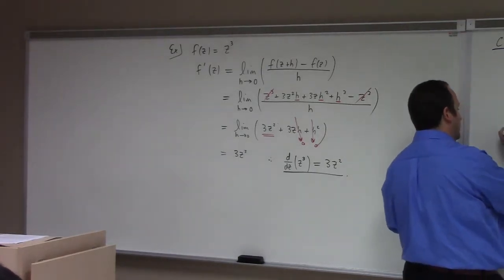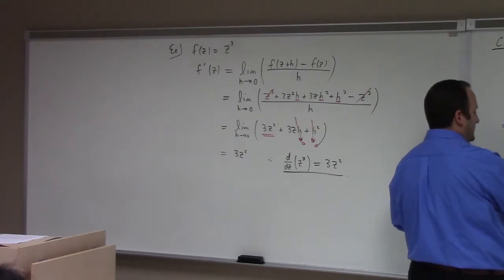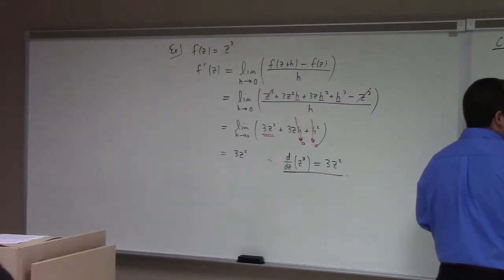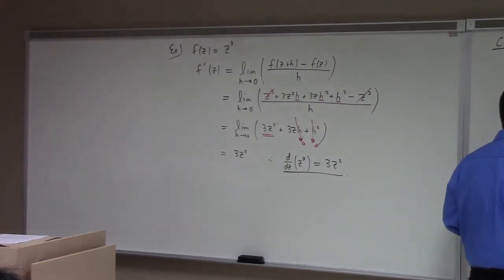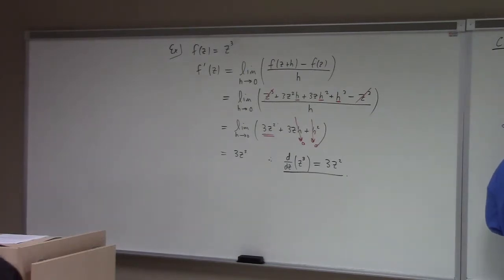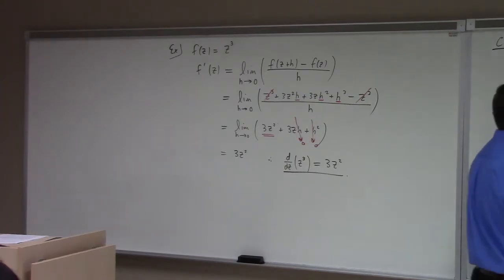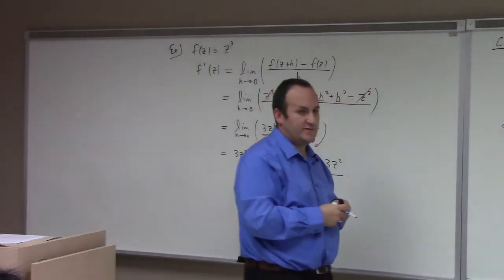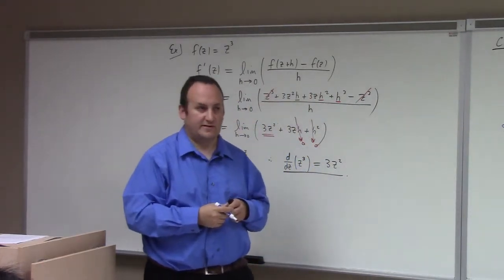So at this point I'm like, okay, so f equals u plus iv, and u and v are continuously differentiable, right? Is that clear? In fact, they're continuously differentiable everywhere. They're polynomials. Polynomials are everywhere continuously differentiable.